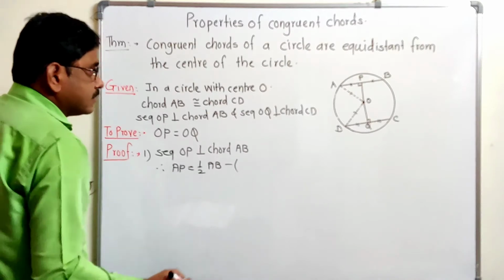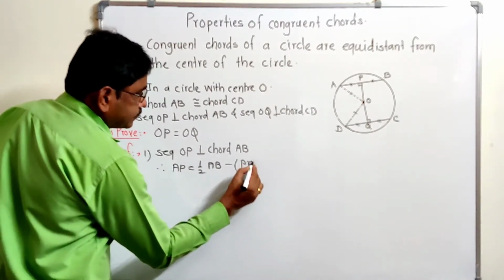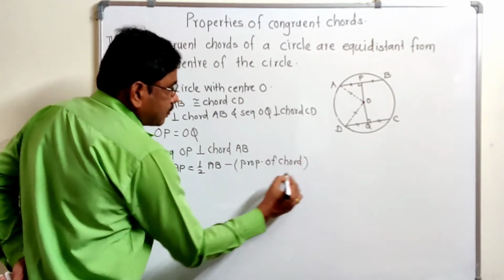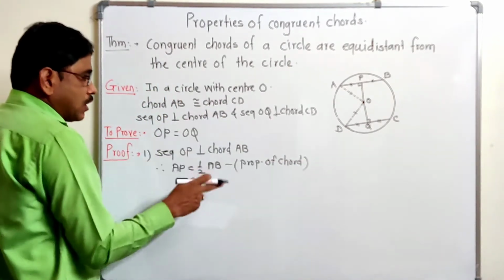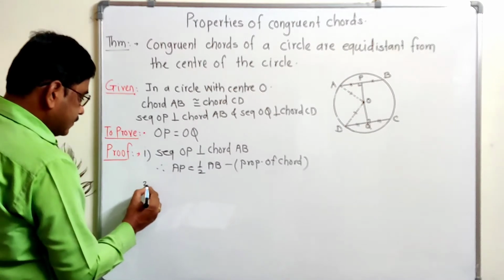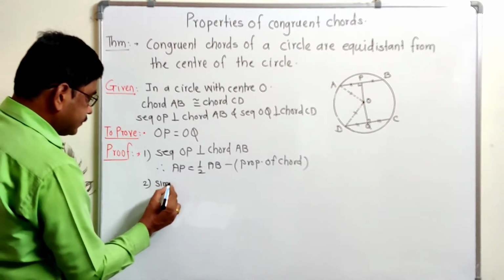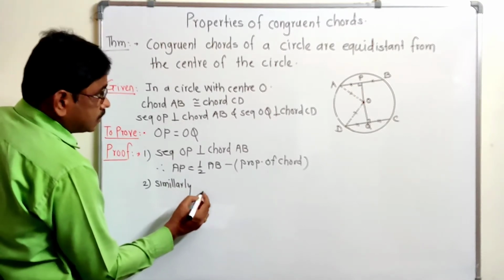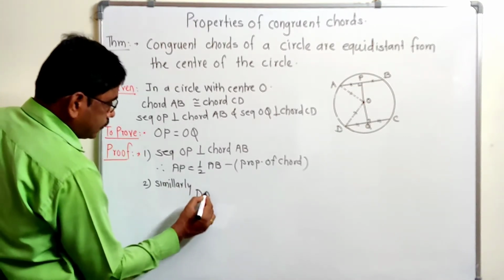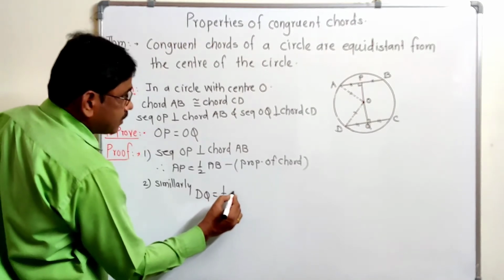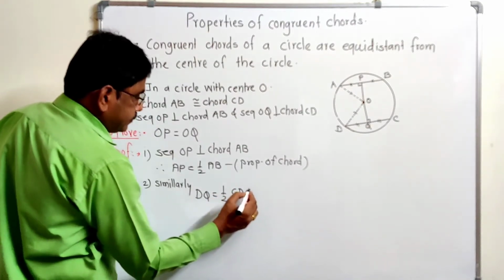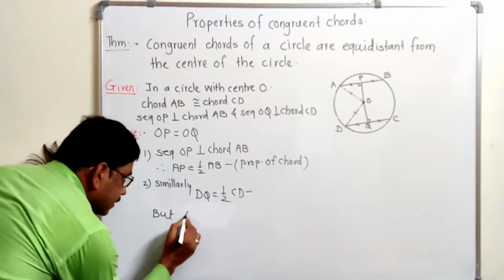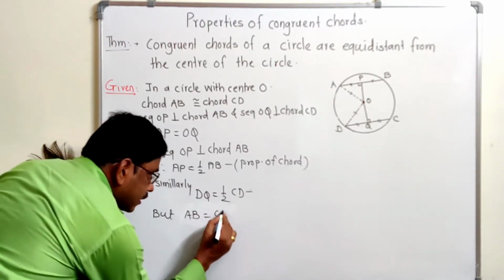Here we can write the property of chord: perpendicular drawn from center of a circle to the chord bisects the chord. Second, similarly this DQ equals half CD.